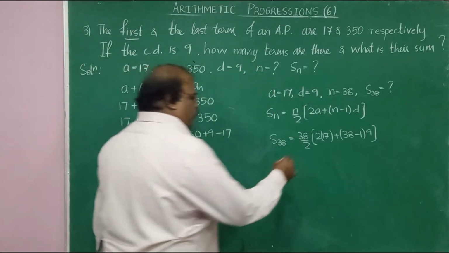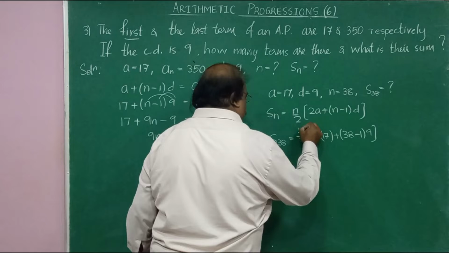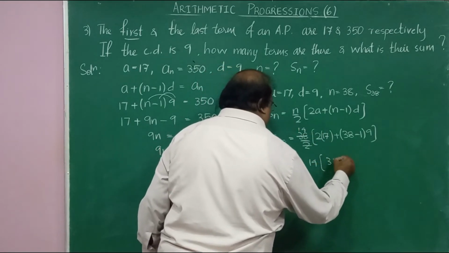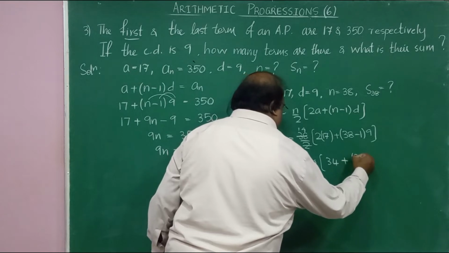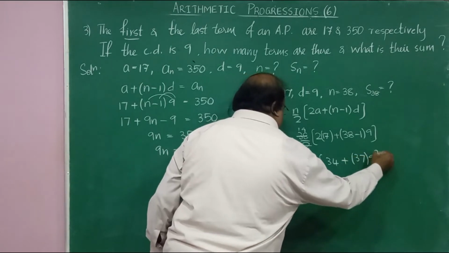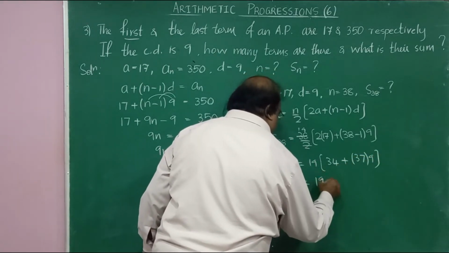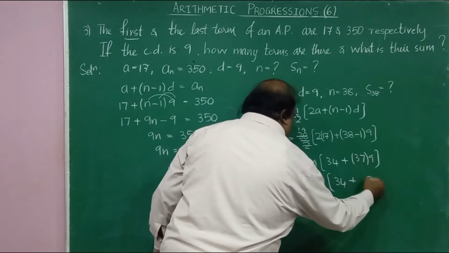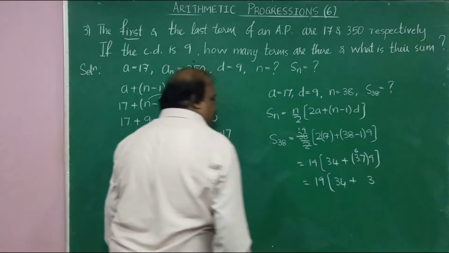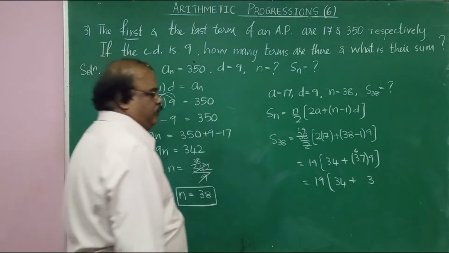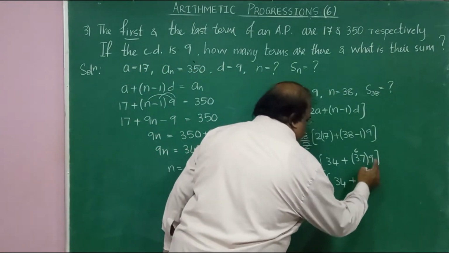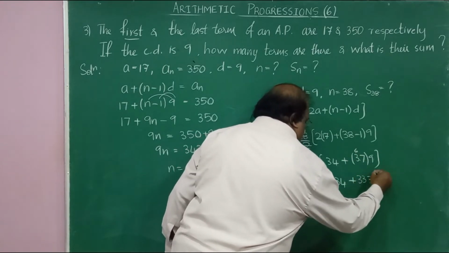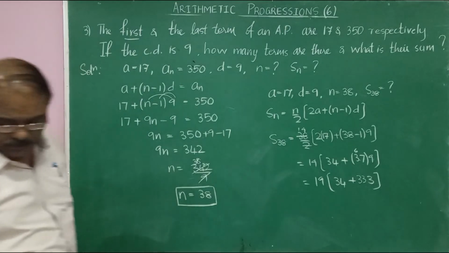So you get 19 into 34 plus 37 into 9. So you get 9 7s are 63, 9 3s are 27, 27 plus 6, that is 33.